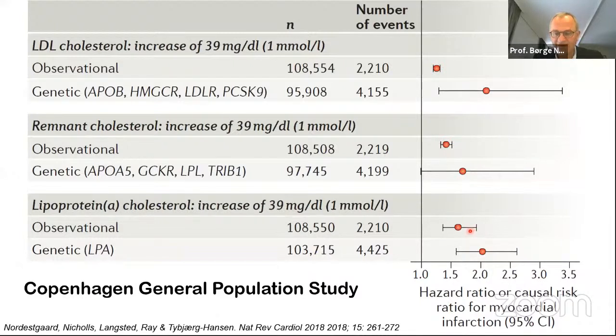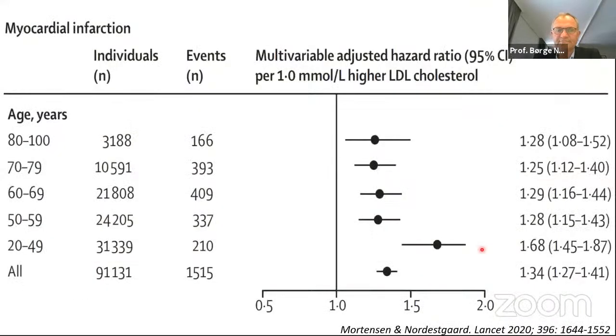I'm not saying that Lp(a) cholesterol is what causes it, but just pointing at these 3 fractions, each have independent risk when adjusted for each other. And the genetic evidence on the right side showed that they are all causally related and they are all independent of each other.